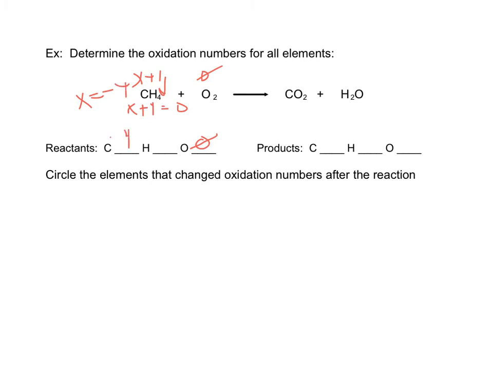So carbon's oxidation number is -4, and hydrogen is +1. All right, on the other side, oxygen would be -2, our unknown's carbon, X minus 4 equals 0. So carbon's oxidation state is +4 on the product side.